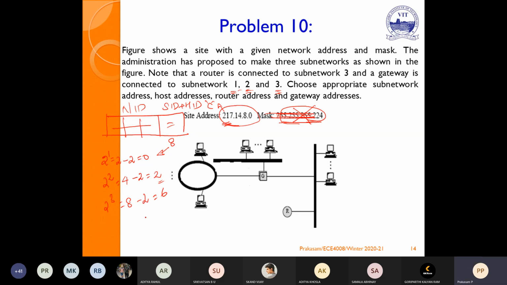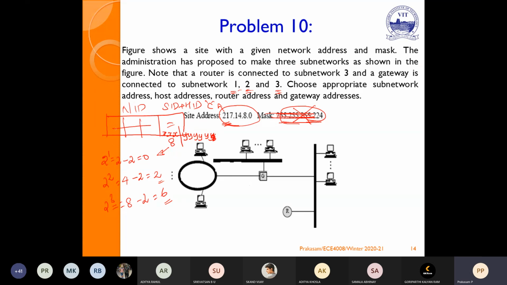So if I allocate 3 bits, I can provide a maximum of 6 subnets. I need only 3, so out of these 8 bits, I am going to allocate 3 bits for the subnet and the remaining 5 bits for the host.